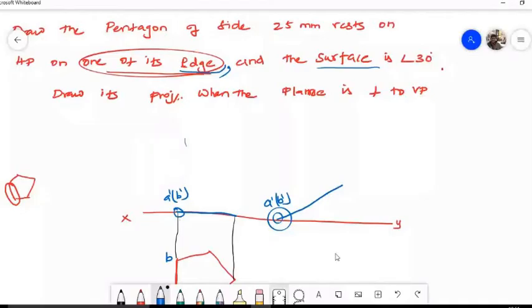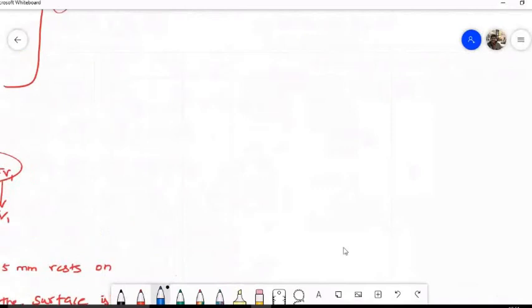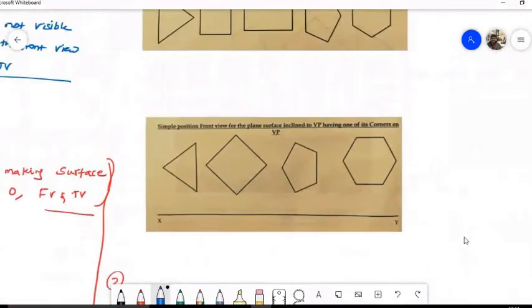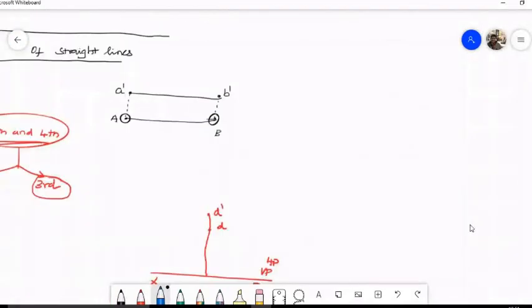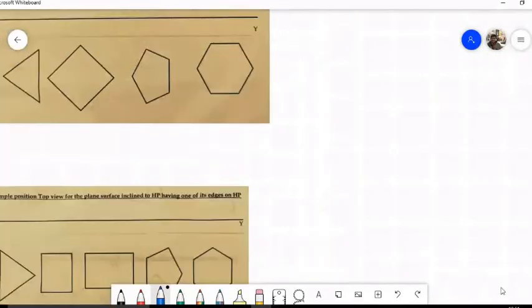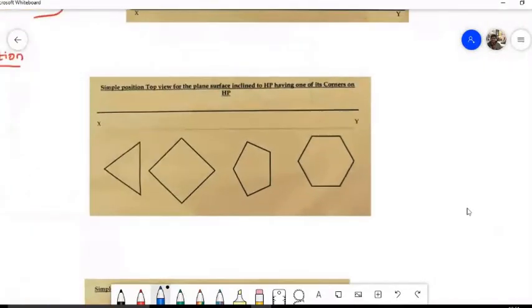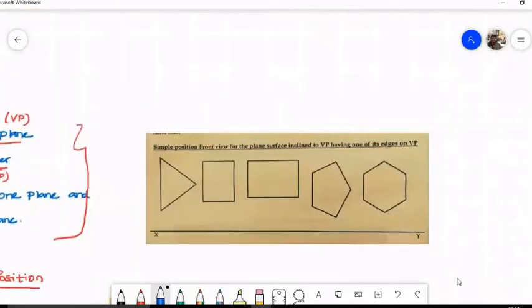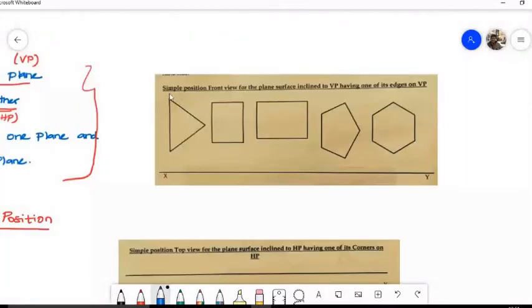So before that, maybe I will show one thing. Maybe I can send this in WhatsApp. Okay, so this can be used to draw the simple position. Okay, so look at this. The simple position front view of the plane surface inclined to VP and having one of its edge on VP. See, one of its edge on VP.